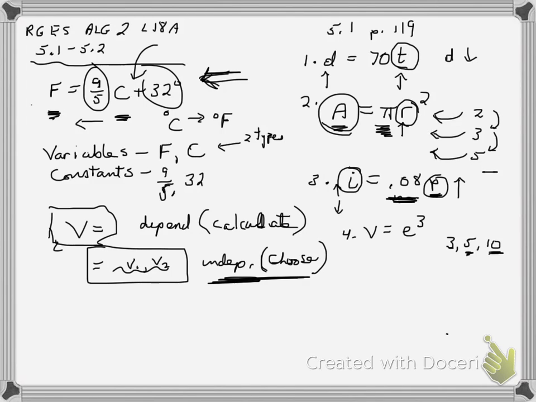The volume depends on what? On the value of E, or the edge. As E increases, what happens to V? It also increases. The independent variable would be E, the dependent variable would be V, and the constant, there is none, no constant.